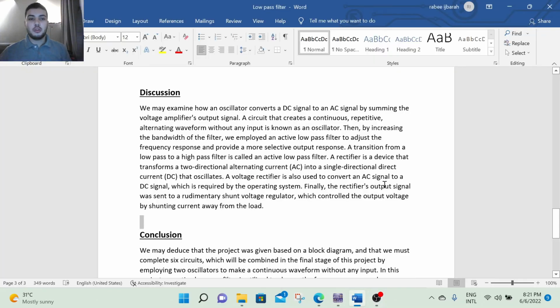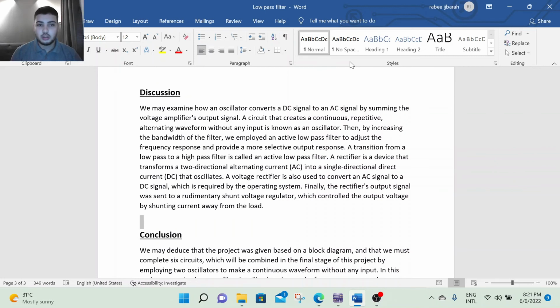Now I will talk about the discussion for our assignment. We examine how an oscillator converts a DC signal to an AC signal by summing the voltage amplifier output signal. A circuit that creates a continuous repetitive waveform without any input is known as an oscillator.